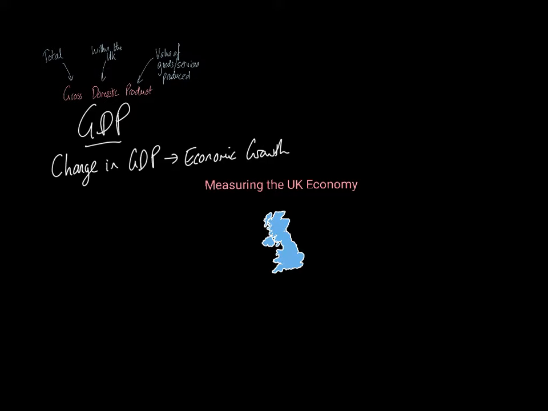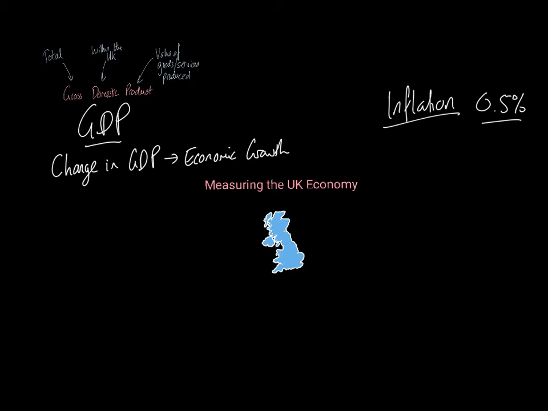Now, another economic indicator that you may well hear about is inflation. Okay, so we may well hear on the news the fact that inflation in the UK, as I'm creating this presentation, is 0.5%.